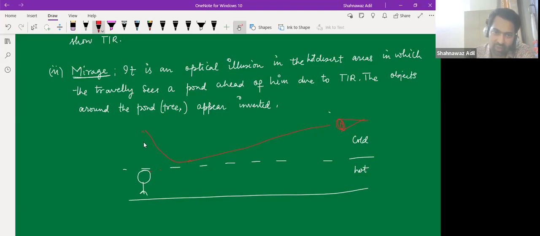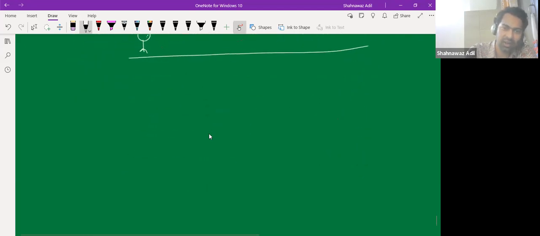So this tree will appear here, and it will be inverted, because this is the actual tree, but it will appear here, due to total internal reflection. So due to the hot and cold regions, this tree will appear inverted. This is the mirage, which is an optical illusion.